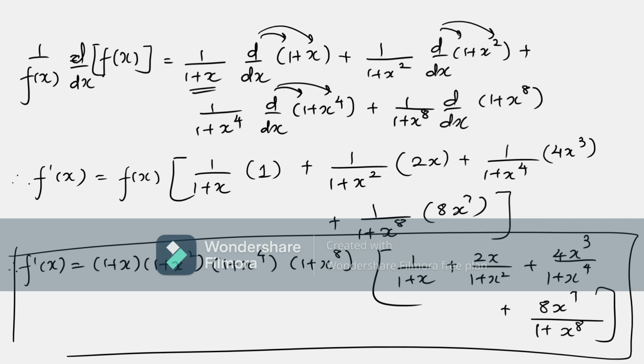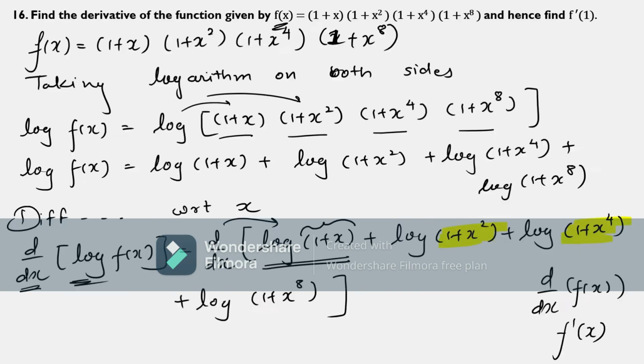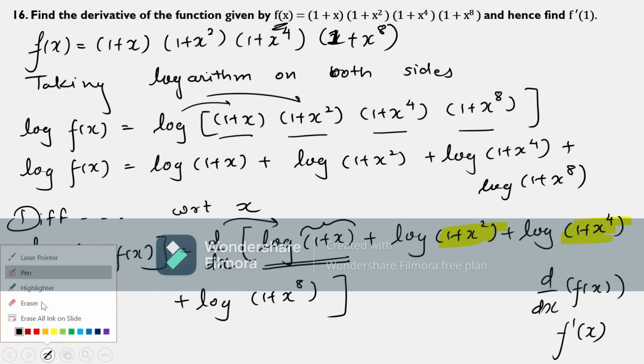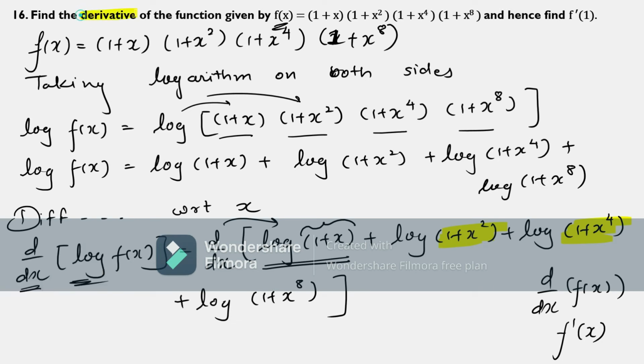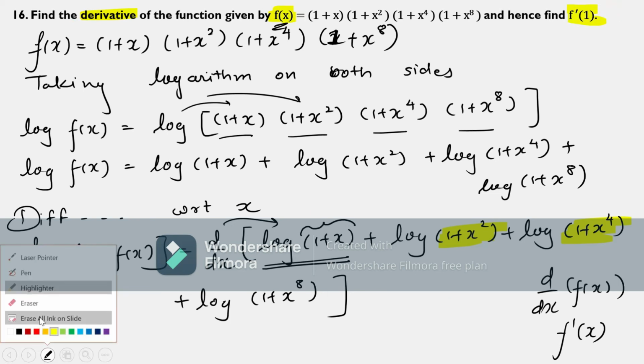Find the derivative. This is the answer for only the derivative. But hence find f'(1). One more question was there along with it. We have to find the derivative as well, the derivative of f(x), and we need to find f'(1). What does f'(1) say?